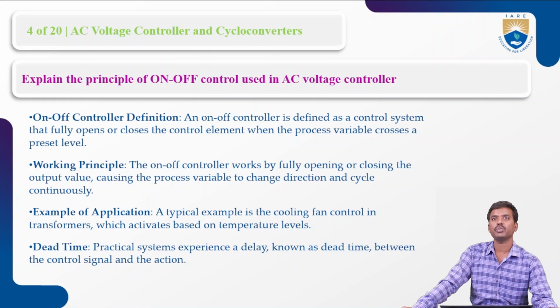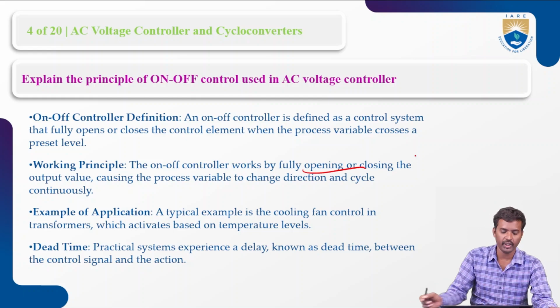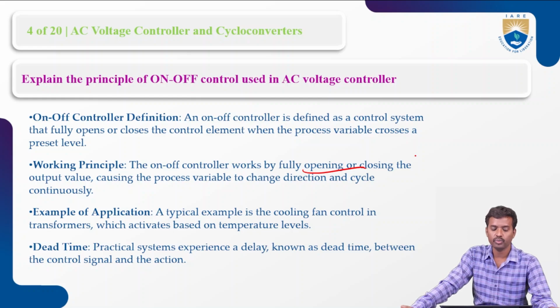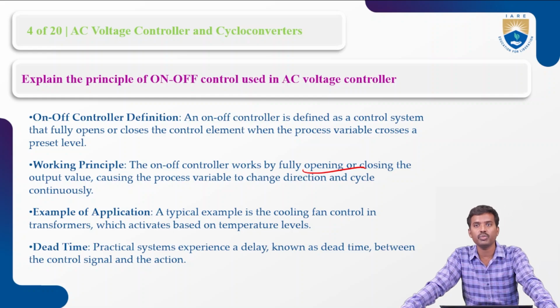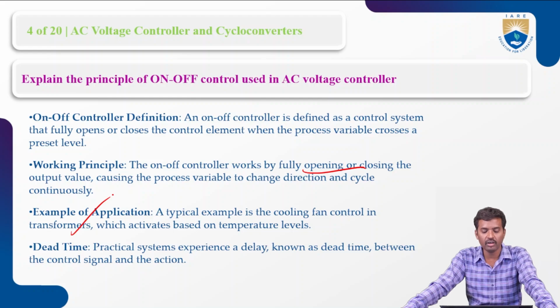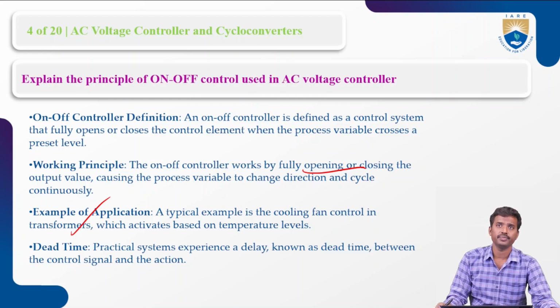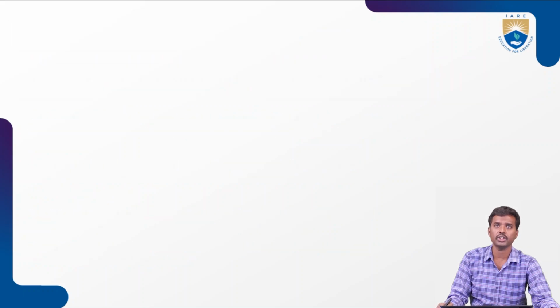The principle works on fully closing and opening the output valve, causing the process variable to change, and the cycle continues. This is the case for a transformer, with on off control. This question we already discussed in the theory part.